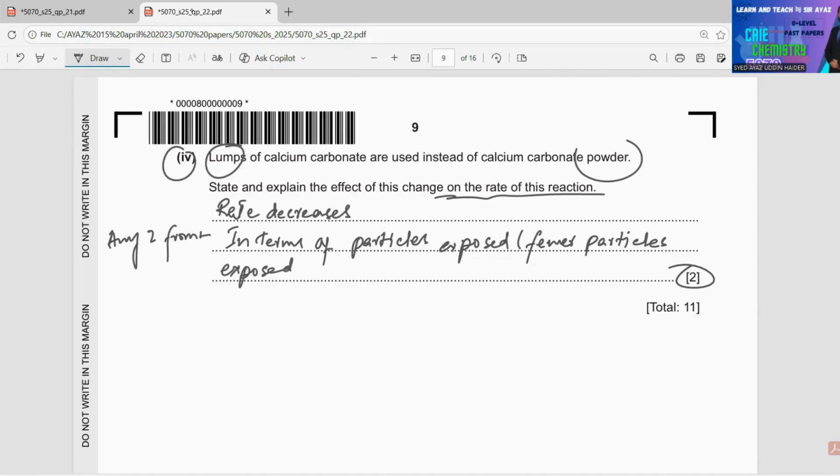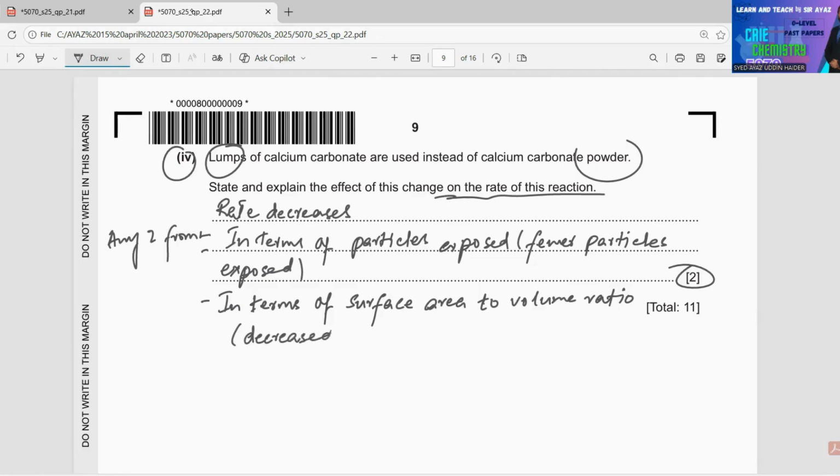Or in terms of surface area to volume ratio, you have decreased surface area.